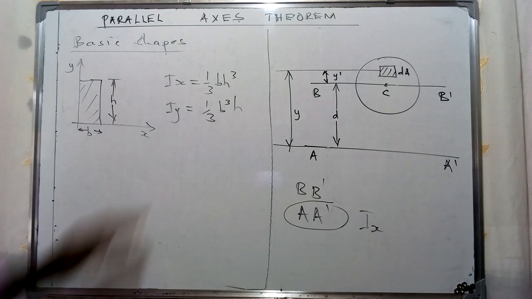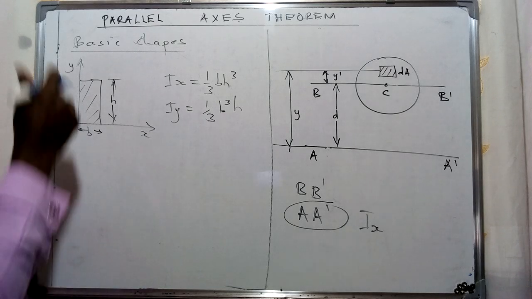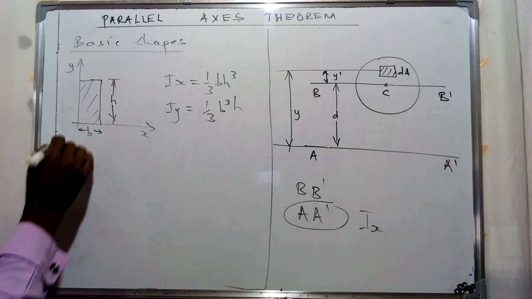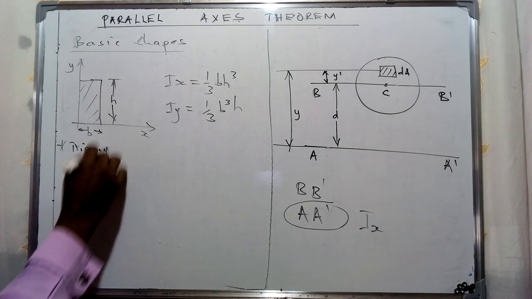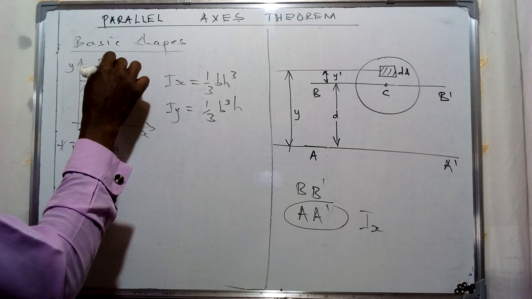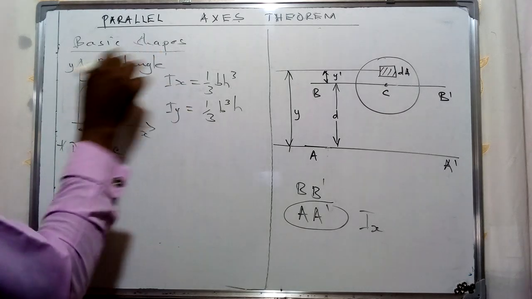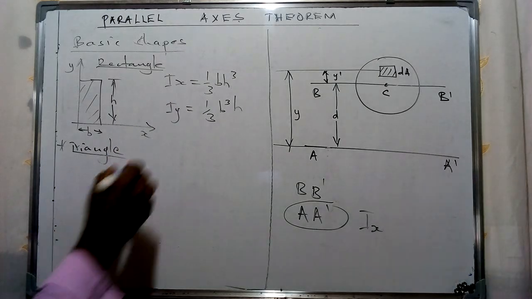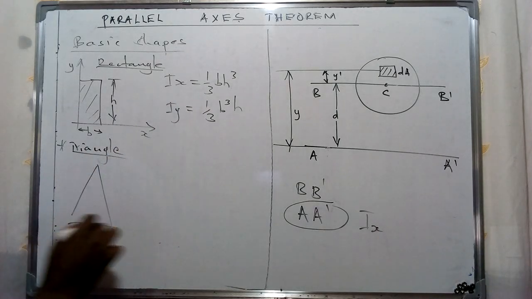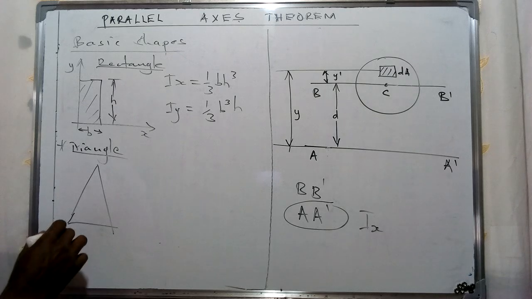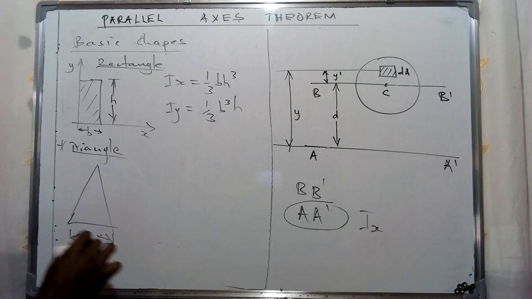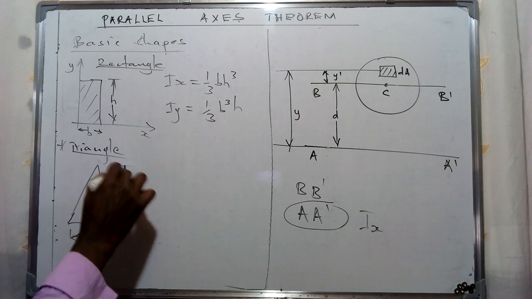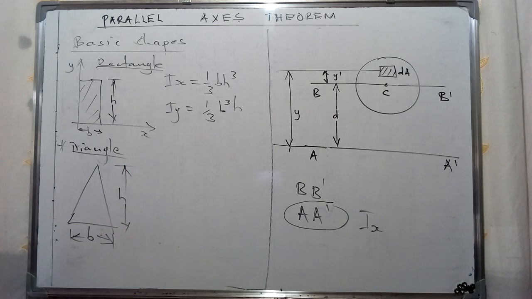So in this case, we are going to also look at other basic shapes, particularly three in number. So we're going to consider a rectangle, a triangle, and a circle, which is going to assist us in doing that specific evaluation. So we're going to have this specific triangle given as such. If we have its base given in terms of b and the height given in terms of h, we can do a rough illustration for that one.